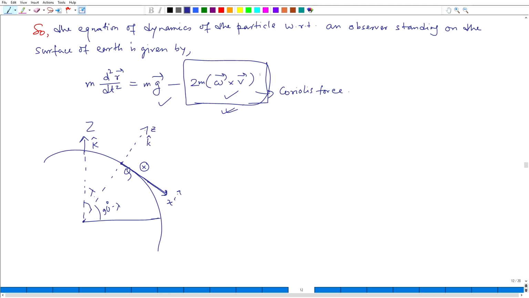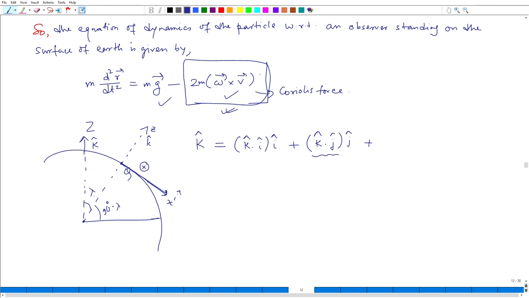If I have this, then I can write capital K cap is equal to capital K cap dot small i cap times i cap, that you always write any arbitrary vector in an arbitrary coordinate system like this, plus capital K cap dot j cap times j cap.